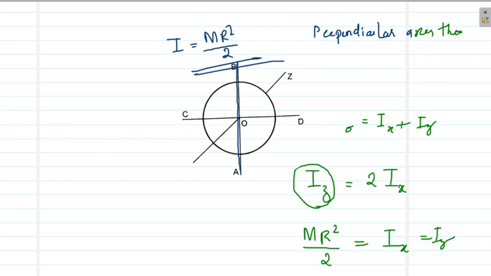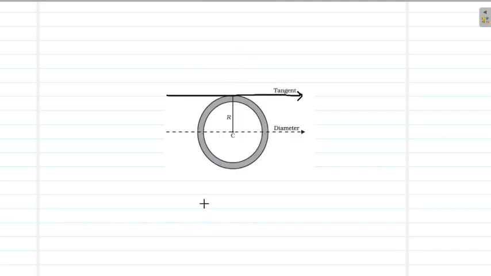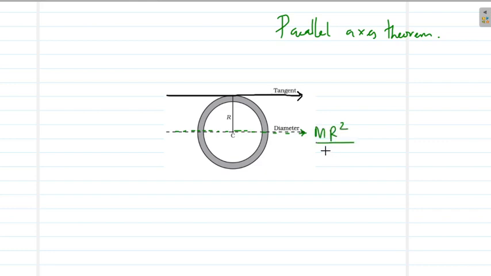Now let us calculate the moment of inertia of the same ring about an axis passing through the tangent. So which theorem should you use in this case? Since the axis passing through the diameter and the axis passing through the tangent are parallel to each other, we can use the parallel axis theorem. We have already calculated the moment of inertia of this ring about an axis passing through the diameter, which was obtained as MR square by 2.